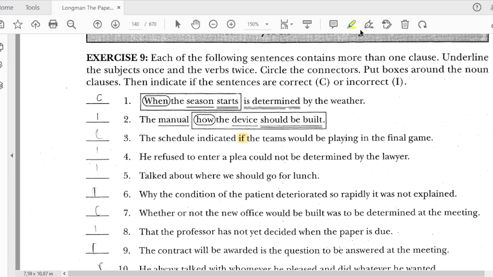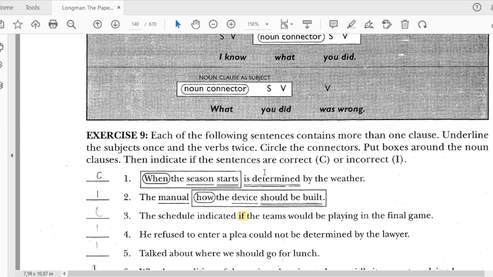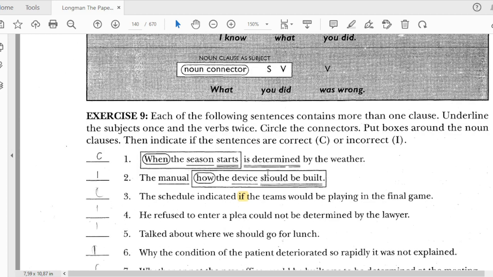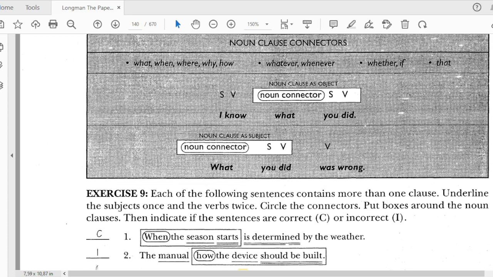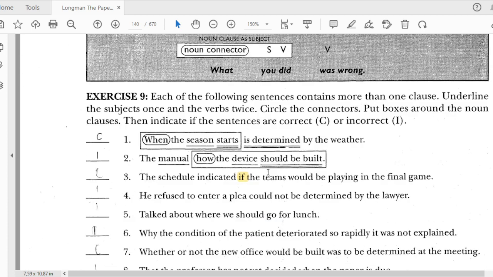If he refused to enter a plea could not be determined by the lawyer. This is incorrect. That whenever he could not be determined by the lawyer.